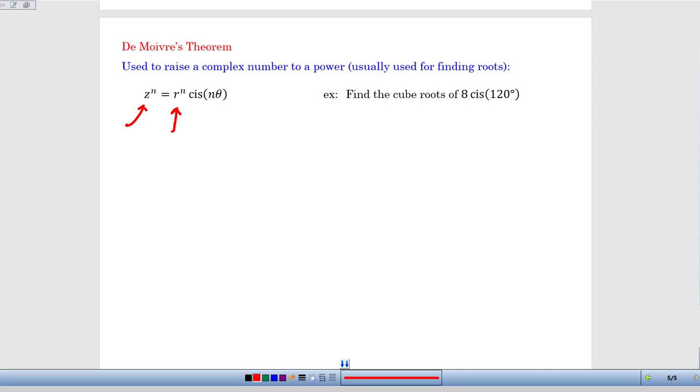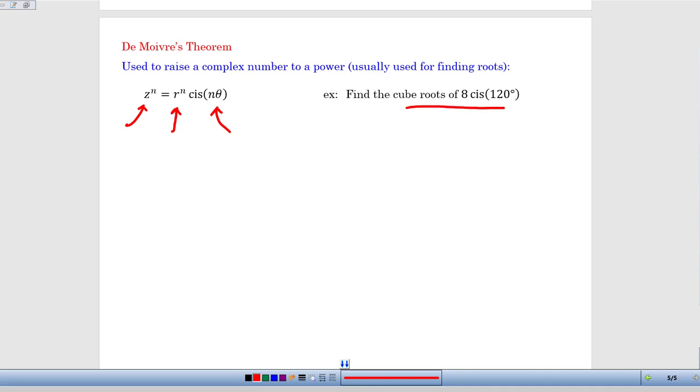And then we're going to take the angle and multiply it by whatever that n value is, by whatever that exponent is. Where this becomes a little bit tricky is in the case of when we're taking the root of some sort, a square root or a cube root of a complex number, like we're asked to do here.